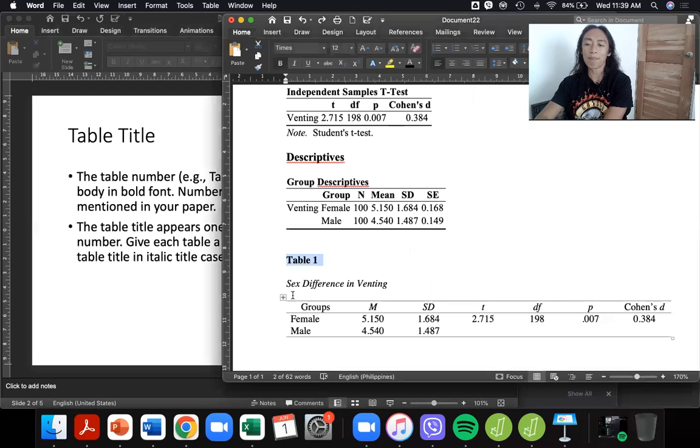So if you mention these results first in your paper, then that becomes your Table 1. But if these results are mentioned third among the results in your paper, then this would be Table 3, which means to say that there's of course Table 1 and Table 2.